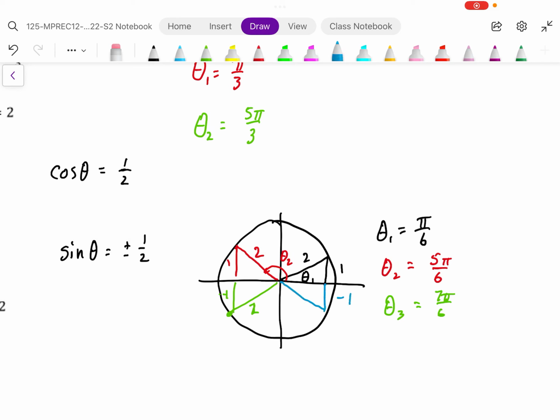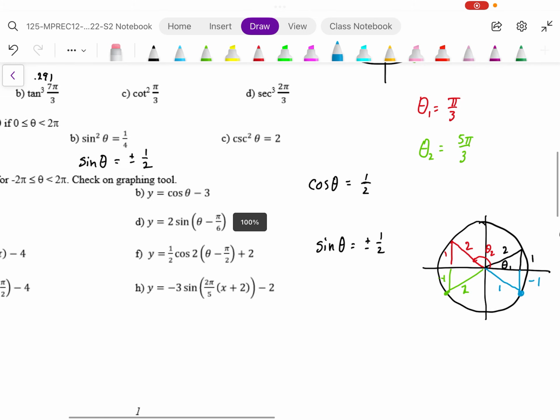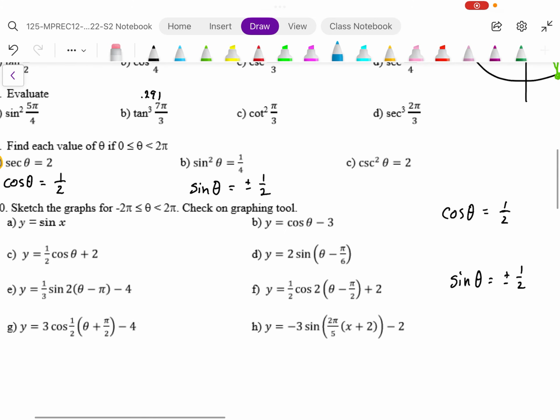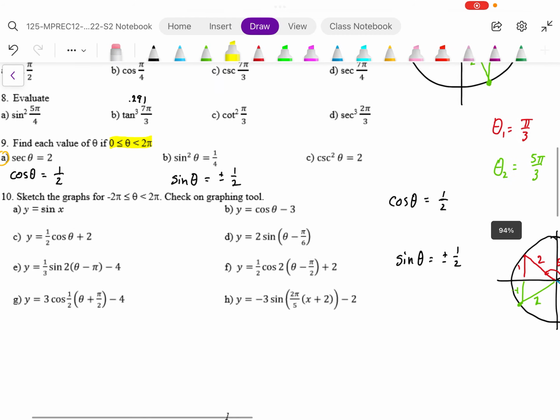It's symmetrical here, so it's going to be -1, 2, and that's going to be my angle position for theta 4, and that's going to be 11 pi over 6, or 330 degrees. Those represent all the solutions from 0 to 2 pi. In this question, again, we are only looking for 0 to 2 pi, so we don't need to do all real numbers in this case.